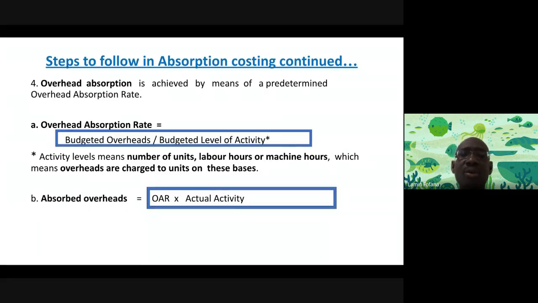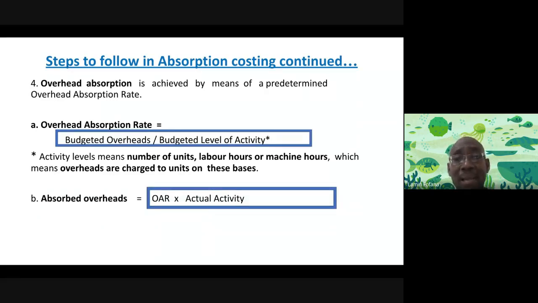We will get our OAR. And in order to absorb it to, let's say, the accountancy cost, we will take the rate that we got multiplied by the number of students that have enrolled for the accountancy course. So that's the OAR multiplied by the actual activity.